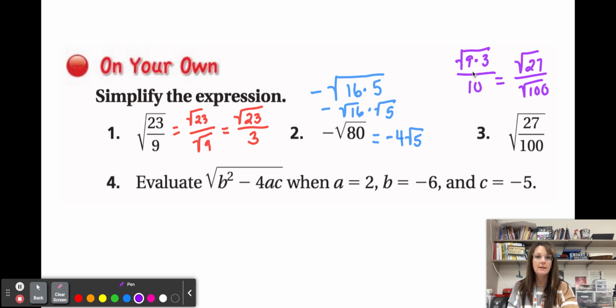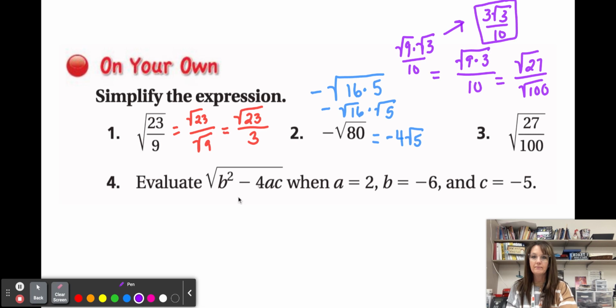Square root of 100 is 10. So this is equal to square root of 9 times square root of 3 over 10, which in turn is equal to 3 square root of 3 over 10. Always look then to see if there's anything else you can simplify, but 3 and 10 do not have any common factors. So number 3, the solution is right here, all the way up. It kind of went round and about.